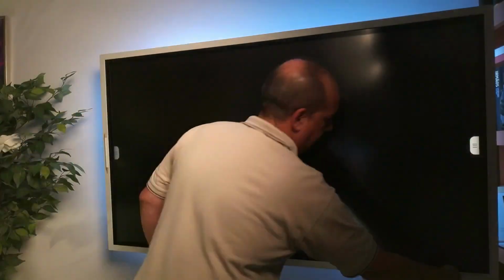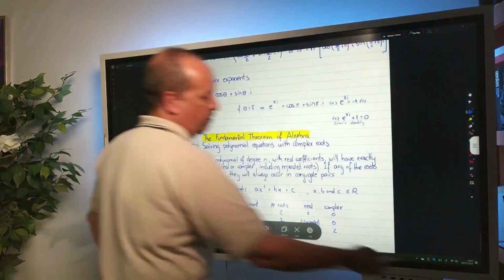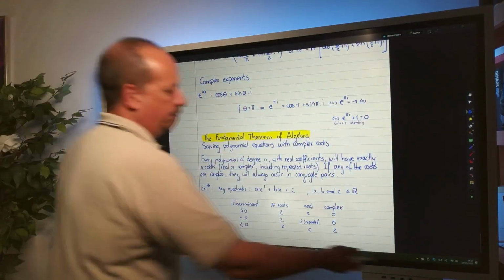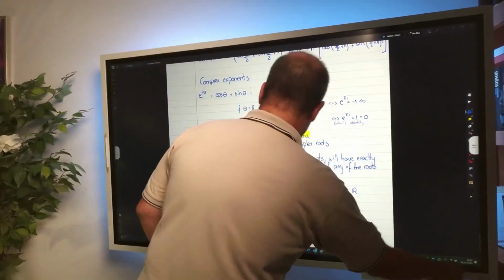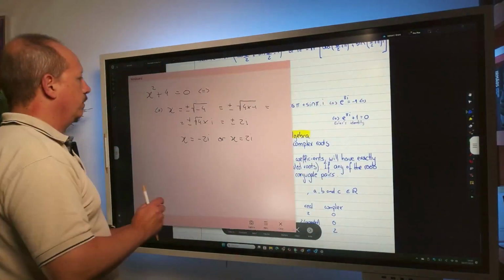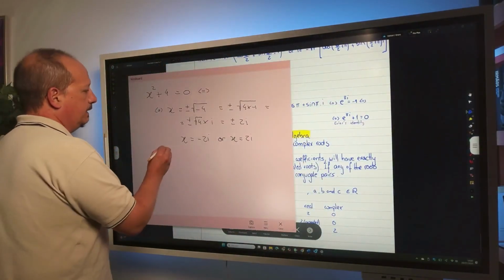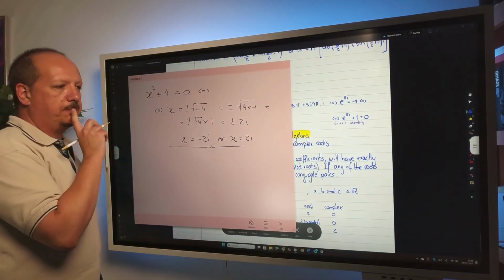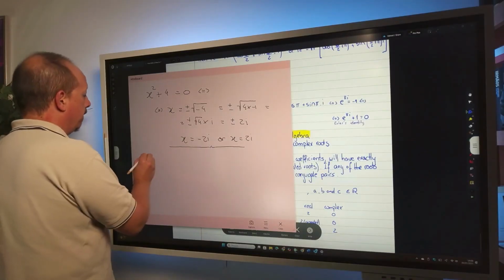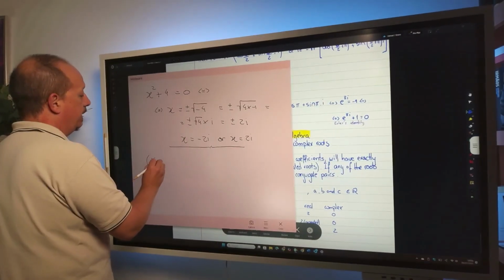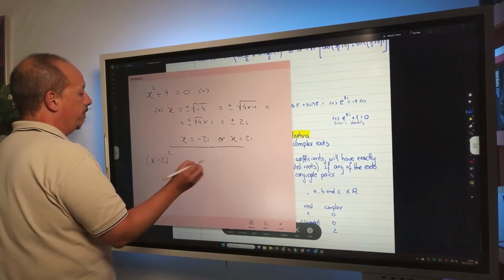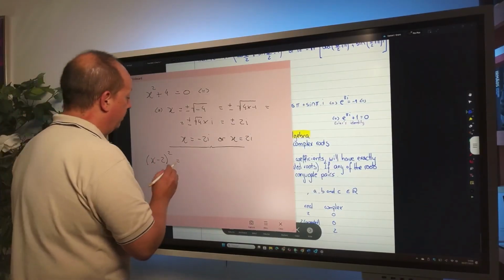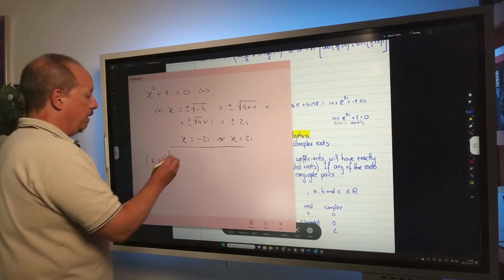I'm going to pick another one. Let me just ensure that this doesn't go away. Let me take the mini board over here. It's still here. Let me think of one that works. Okay. If you have (x minus 2) squared equals 0, if you try to solve this, you will have repeated roots, okay?